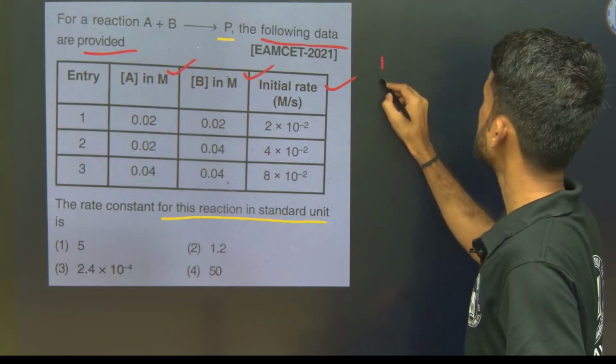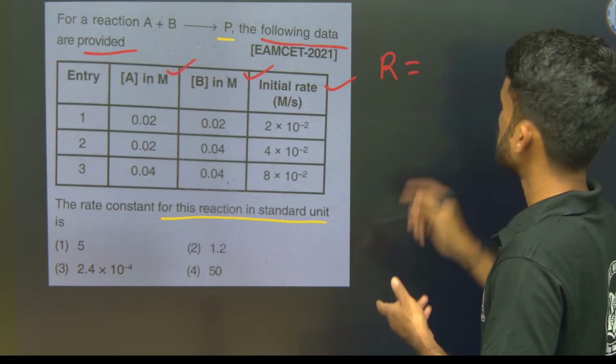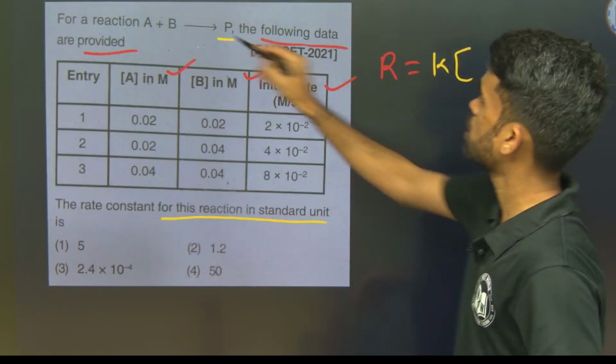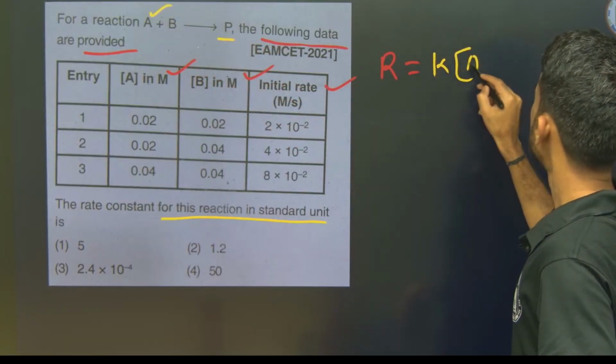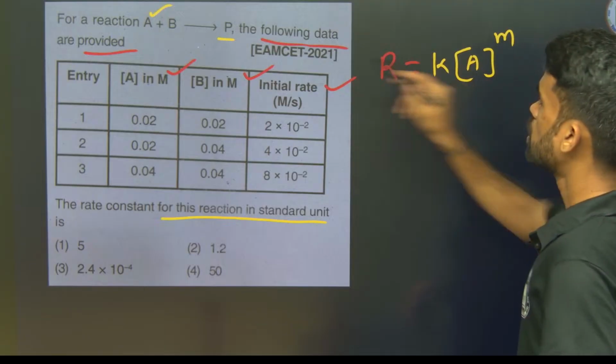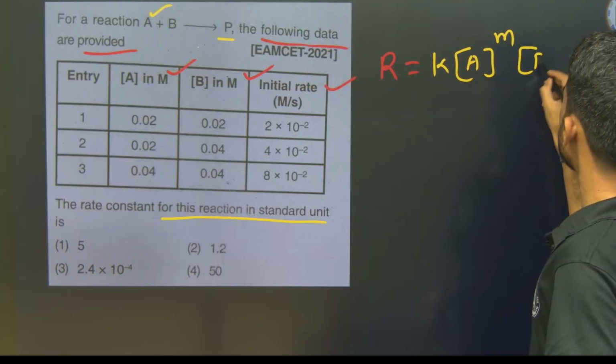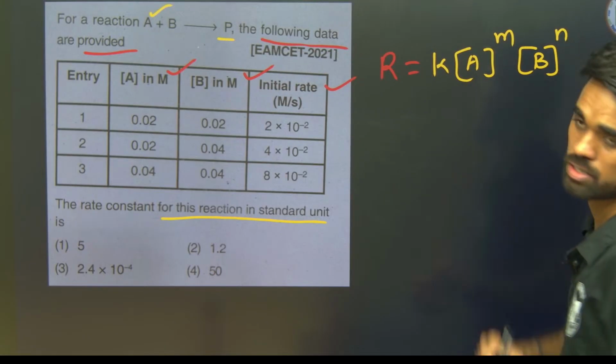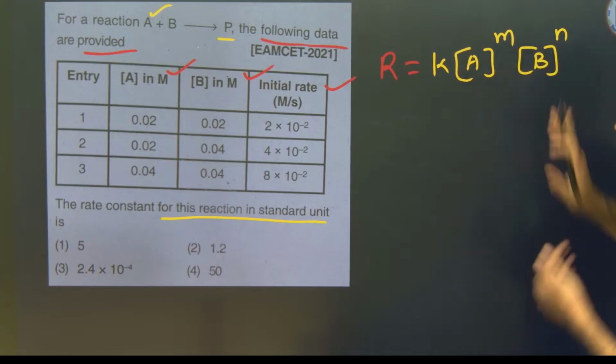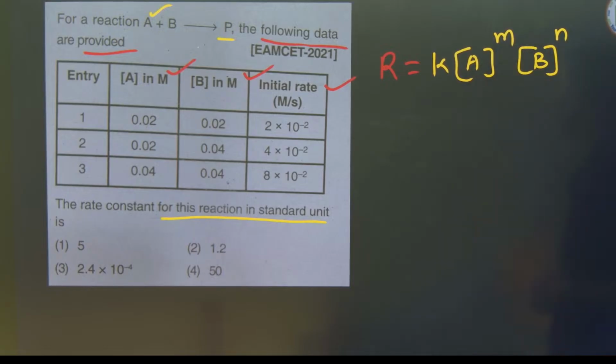So how can I write? Rate equals K into concentration of reactant A to the power of its order, and concentration of reactant B also to the power of its order. It's the individual order. This is the standard way of writing the rate law.